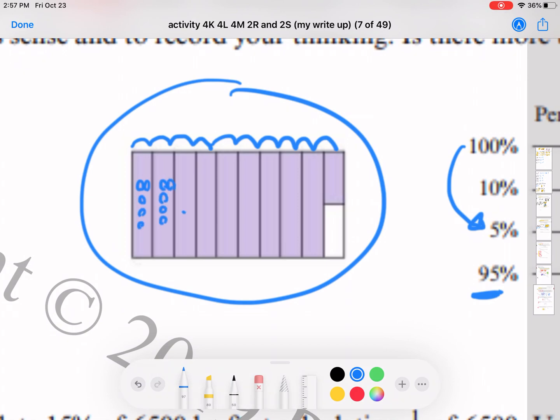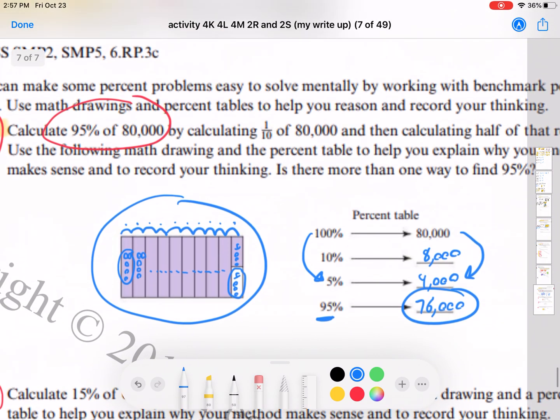This is 8,000. All of those are 8,000, which would make this 4,000, and which would make this piece that we're missing also 4,000. So 10 pieces, each with 8,000. So that would be 80,000. Again, take away the 4,000, leaves us with 76,000.